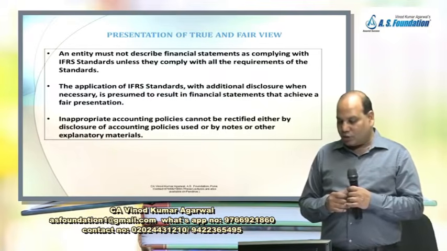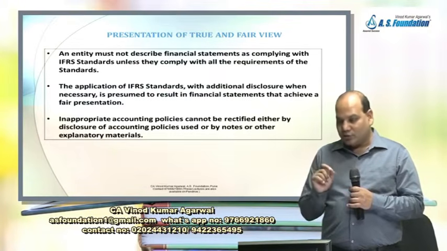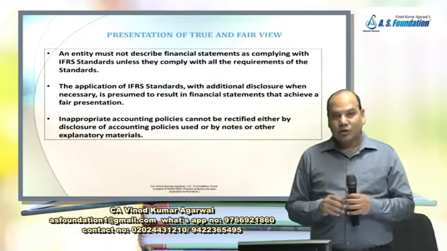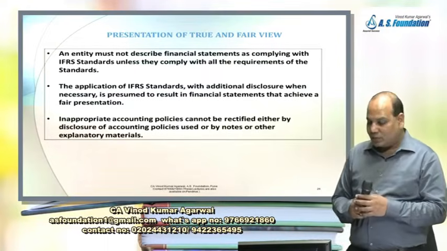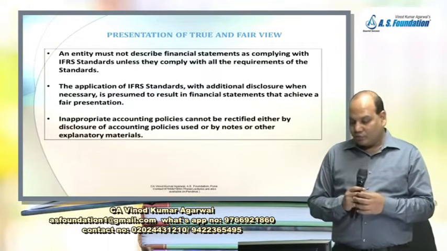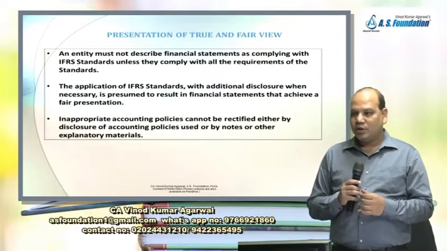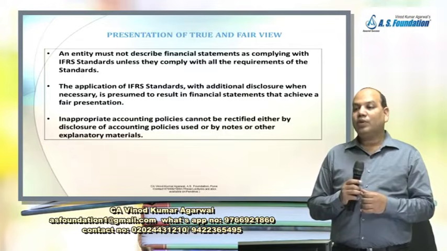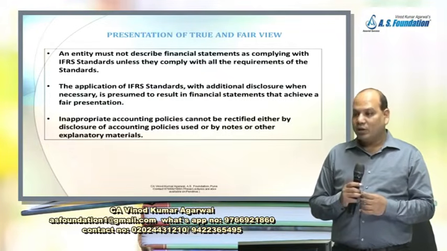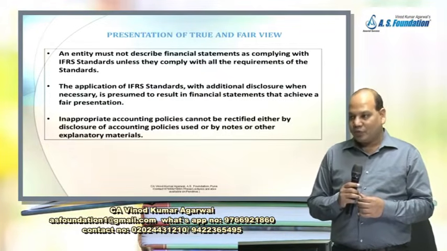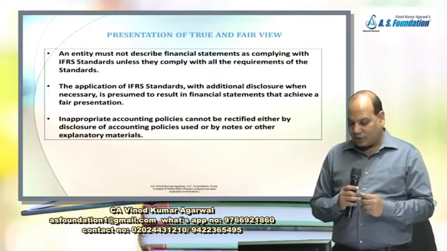An entity must not describe financial statements as complying with IFRS standards unless they comply with all the requirements of the standard. Underline. Unless they comply with all the requirements of the standard, you can't say that financial statements are IFRS compliant.